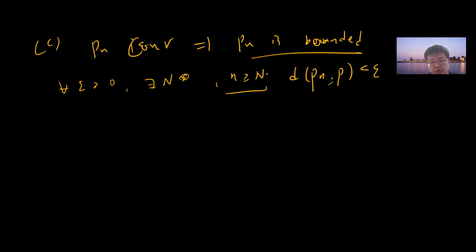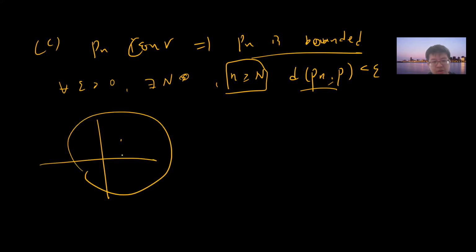So for n greater than N, Pn is already bounded by epsilon, close to P. This is P, this is epsilon. So all the points with n larger than N are already inside here.